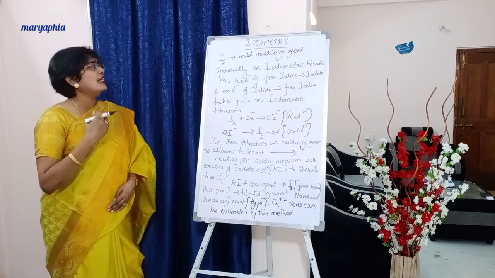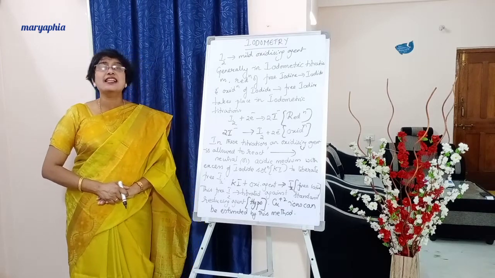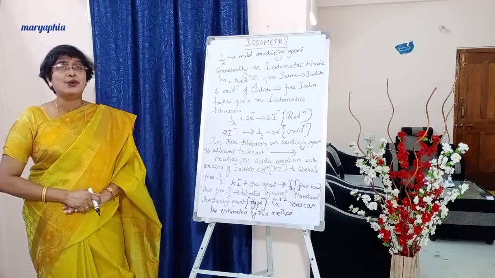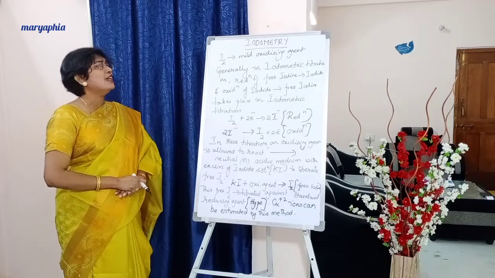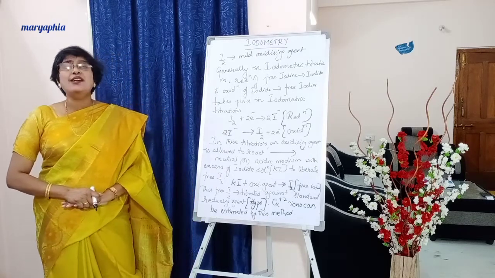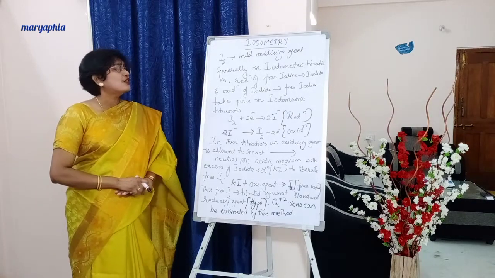In these iodometric titrations, generally iodine is used which acts as a mild oxidizing agent. I think you know the difference between strong and mild, right? Yes. So iodine acts as a mild oxidizing agent.